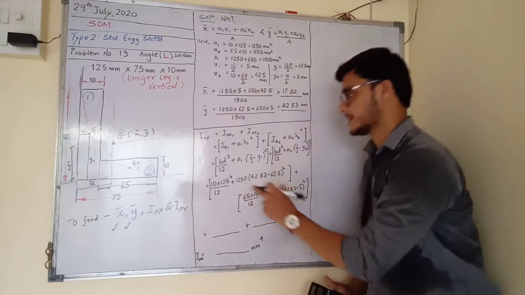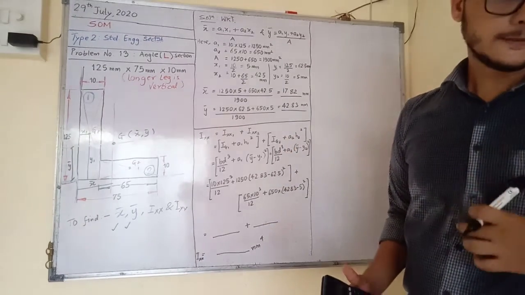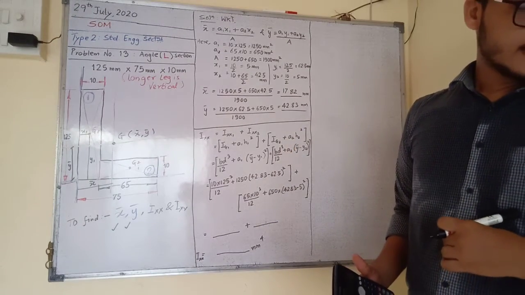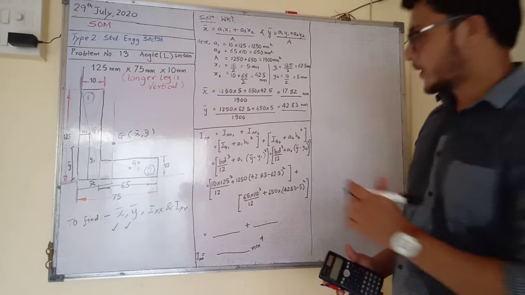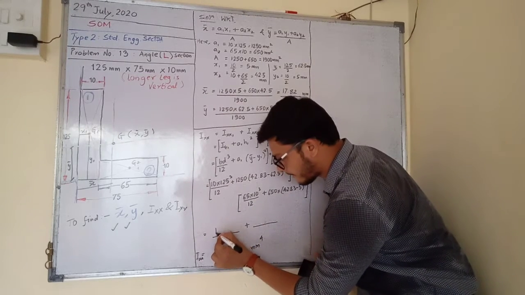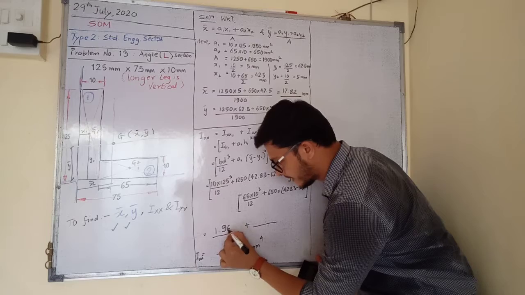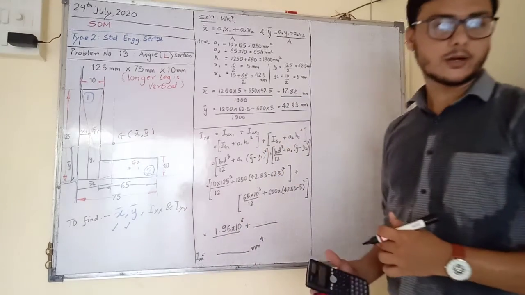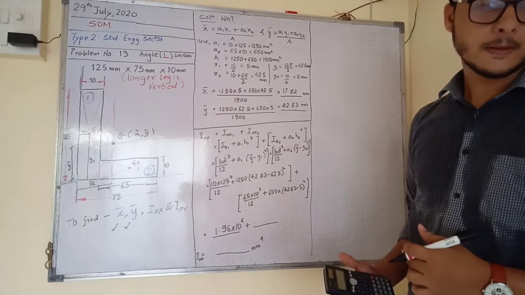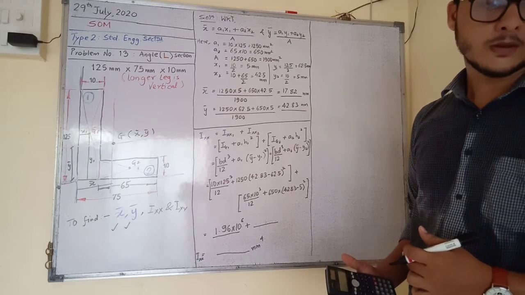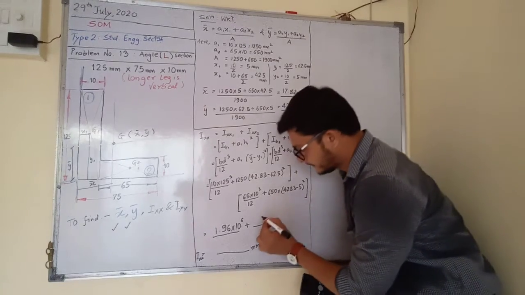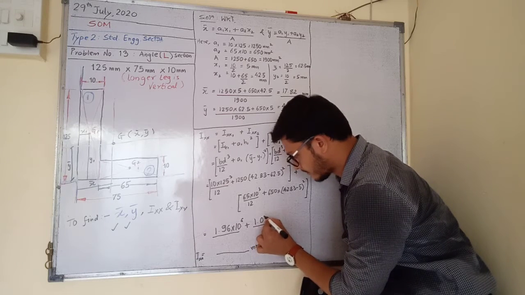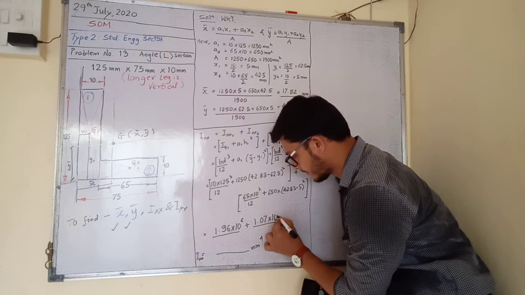So on solving this first bracket, I got the value of Ixx1 as 1.96 into 10 raised to 6. On solving second bracket, I got the answer as 1.07 into 10 raised to 6.